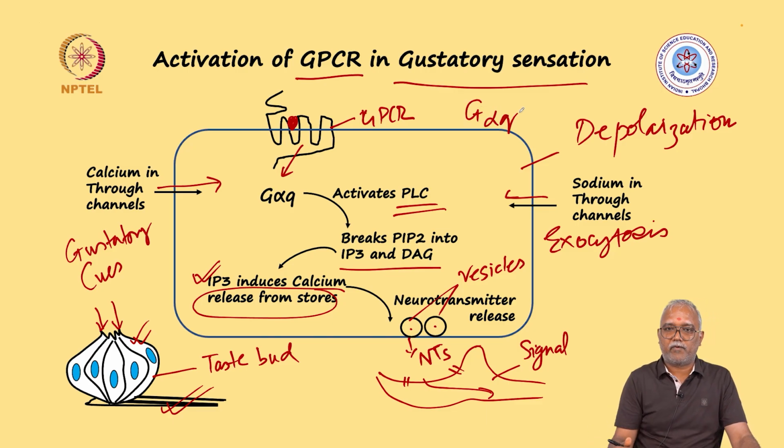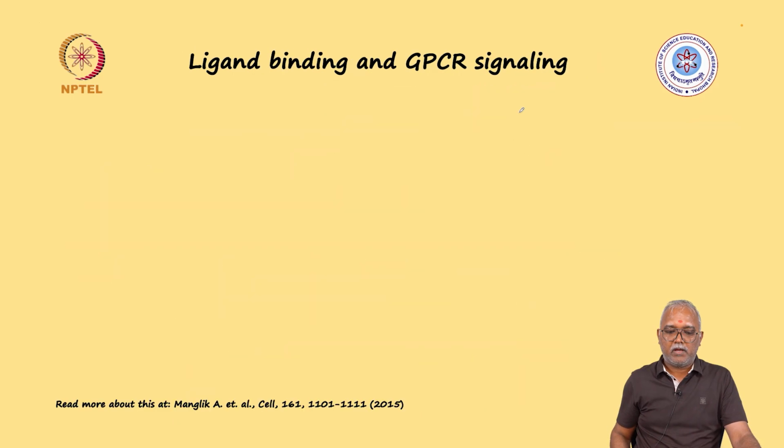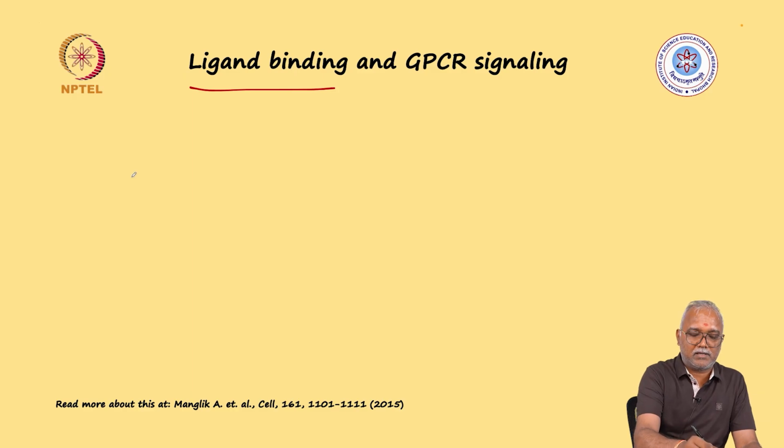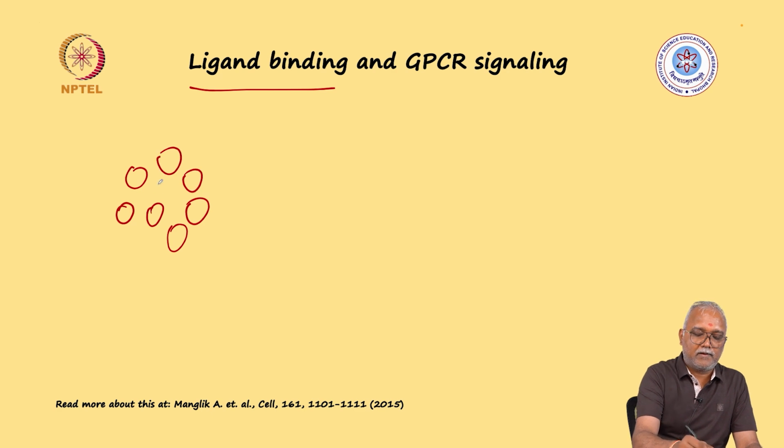We already saw G alpha S and G alpha I. What exactly goes on, in some of the studies which have been shown in greater detail when it comes to ligand binding? If you recollect, I discussed in the previous class how the 7 helices are arranged so that G alpha can be engaged here for productive signaling.